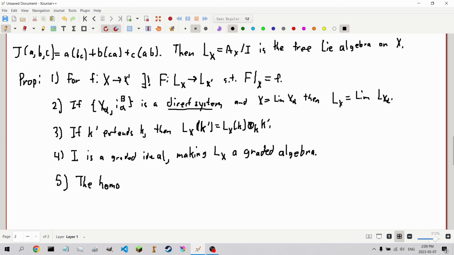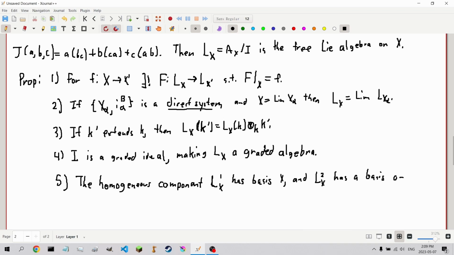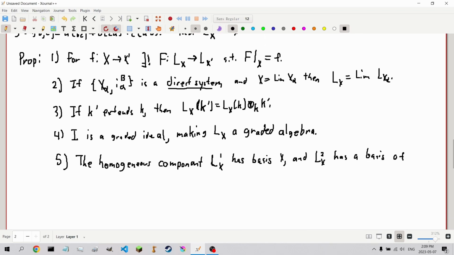The homogeneous component of our graded algebra LX, LX1, so the first grade of LX, has a basis of X, and the homogeneous component LX2 has a basis of elements x, y, written in this bracket.